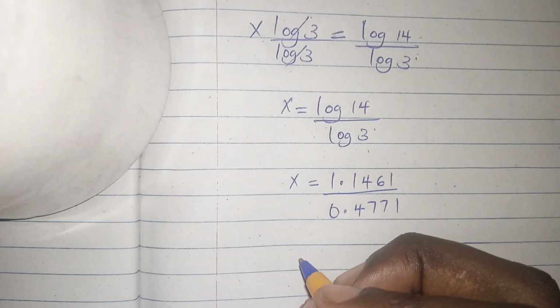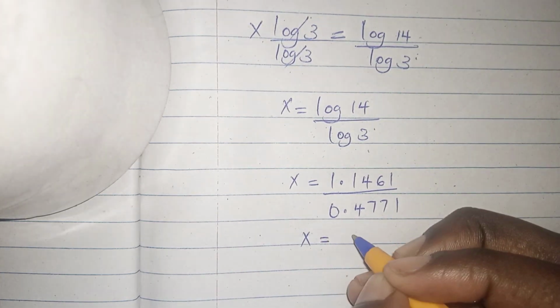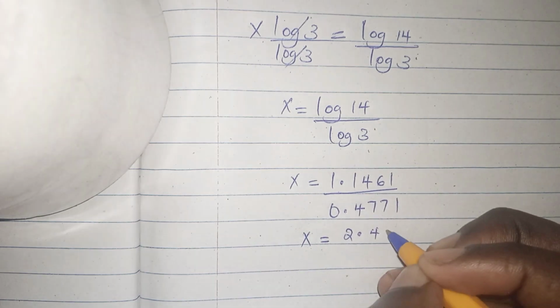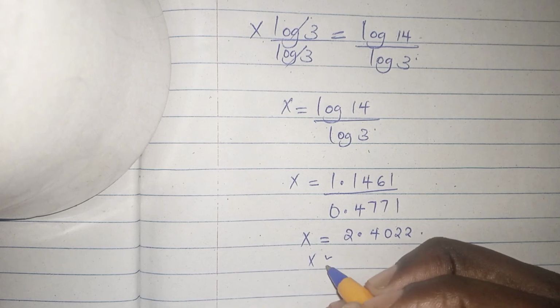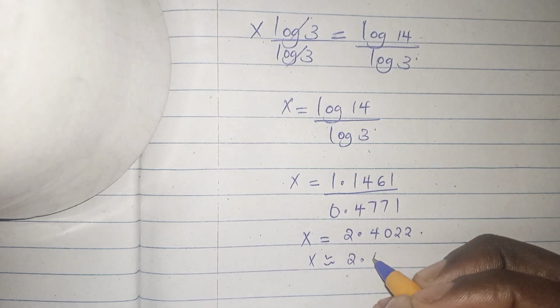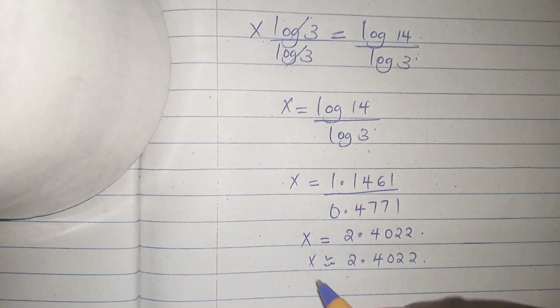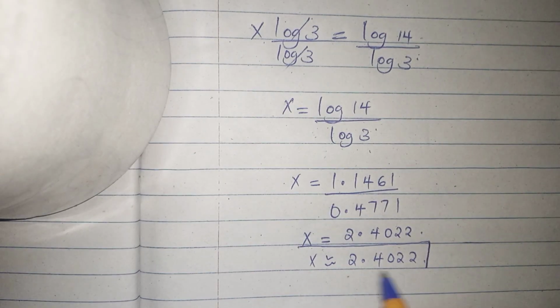So if you evaluate this, x is equal to 2.4022, whereby we can conclude that x is approximately 2.4022.